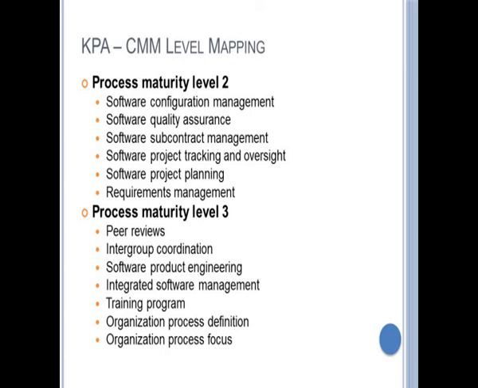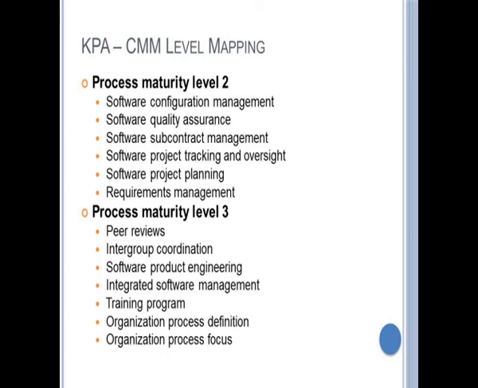Key process areas at level 3 address both project and organizational issues. The various KPAs: 1. Organization process focus, 2. Organization process definition, 3. Training programs, 4.